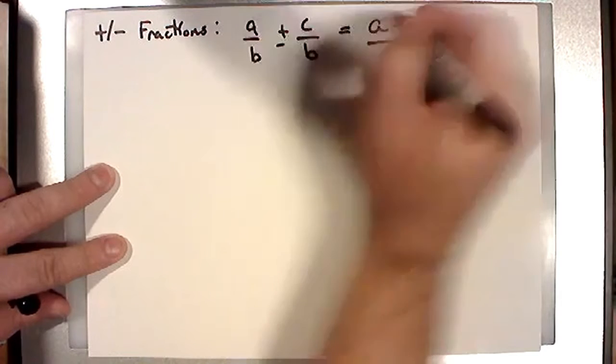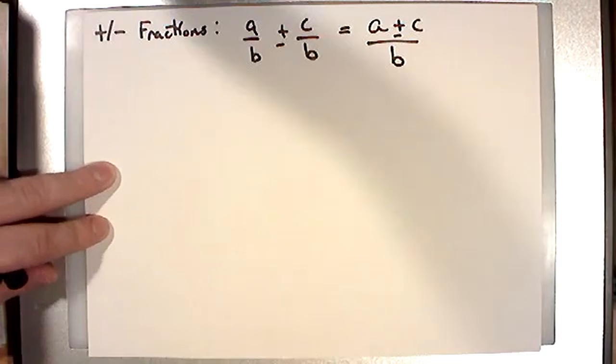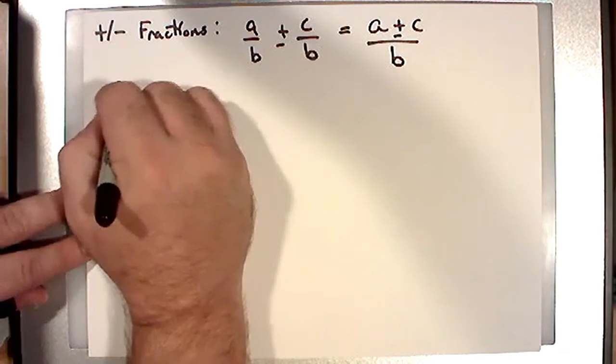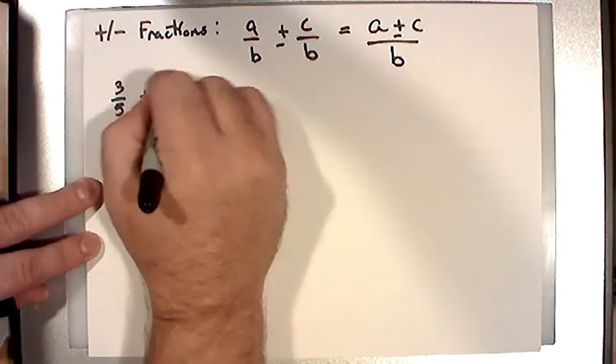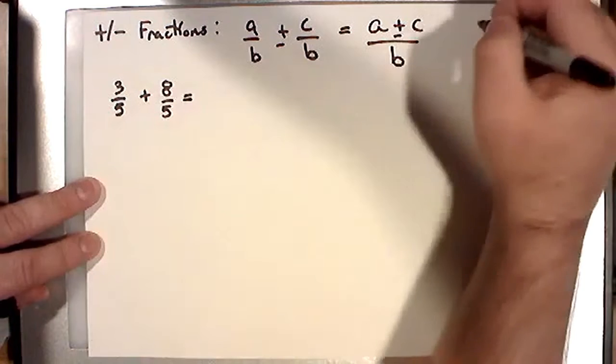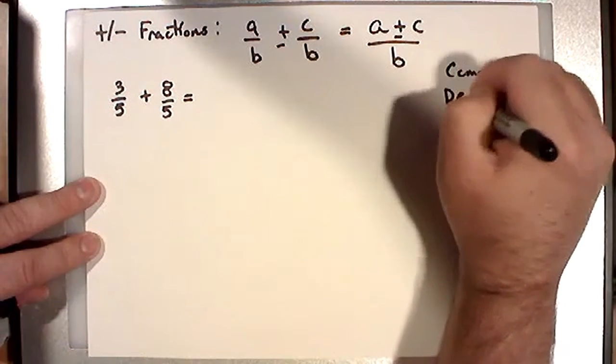And this actually works for subtraction as well, so we can go ahead and say plus or minus. So there's your rule for adding fractions. That was easy, right? And it is easy as long as it's set up like that. So if I said 3/5 plus 8/5, well, they both have the same denominator, which is called the what? The common denominator.